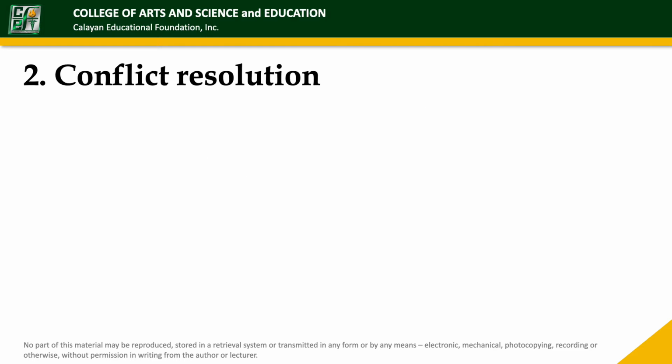Okay, so let us continue with number two. Number two is conflict resolution. It is the ability to get to the source of the problem and find a workable solution by weighing both sides from those involved, with the goal of mediating for reconciliation.